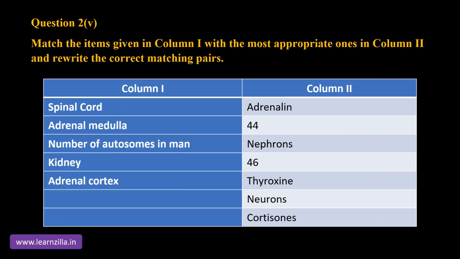Next question is match the items given in column 1 with the most appropriate ones in column 2 and rewrite the correct matching pairs. So I give you a few seconds for you to quickly figure out the right answers. Yeah, I know you've got it right. Let's quickly check the right answers.